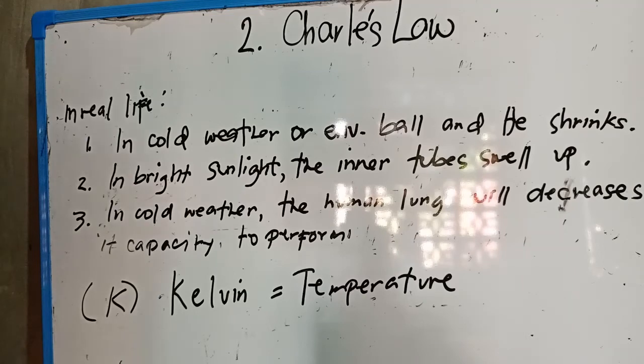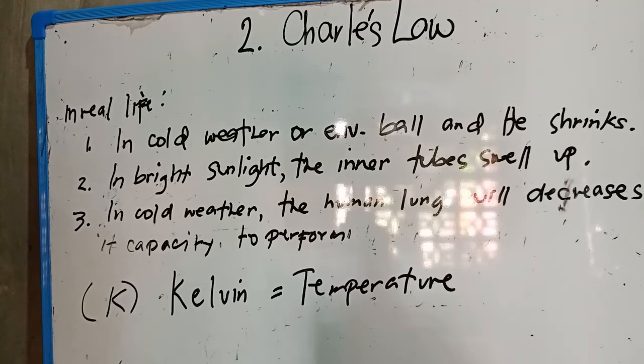So, one of the examples is that in cold weather or a cold environment, balls and helium balloons shrink. Sometimes our helium balloons or our basketballs shrink, or the gas from the inside decreases.